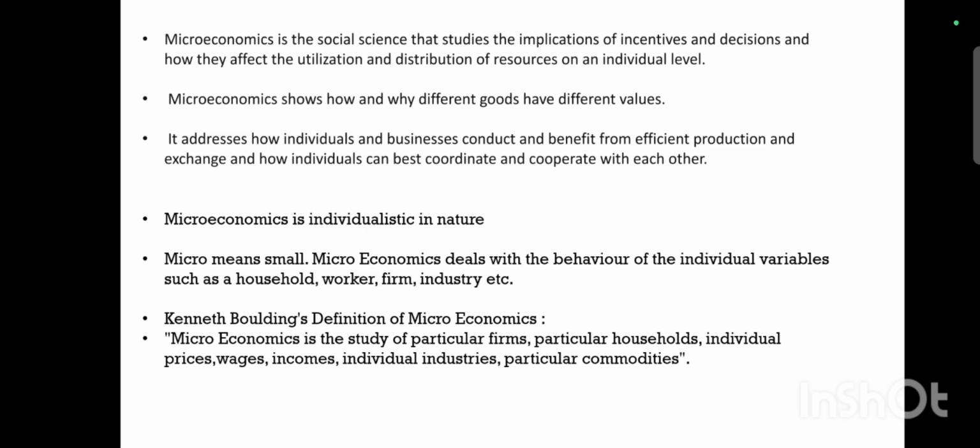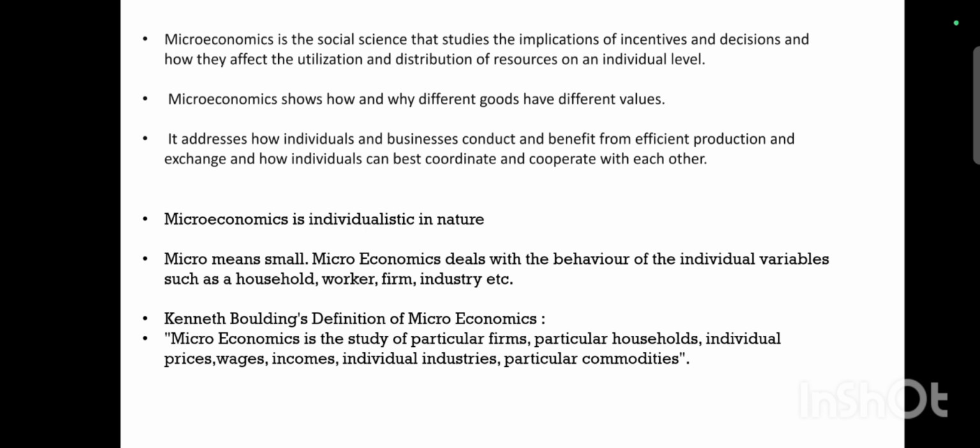Kenneth Boulding's definition of microeconomics: microeconomics is the study of particular firms, particular households, individual prices, wages, incomes, individual industries, particular commodities. To have a clear understanding, microeconomics analyzes the economic behavior of any particular decision-making unit, such as a household or a firm.